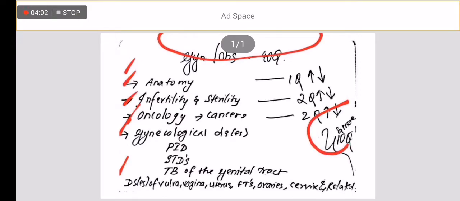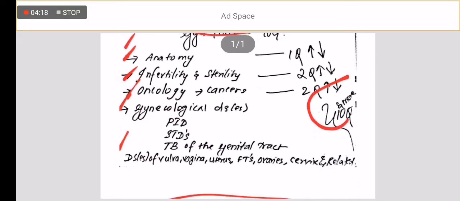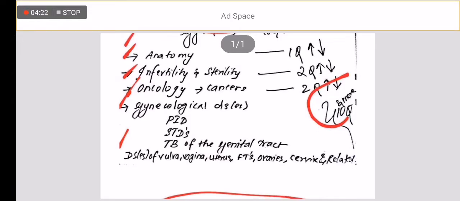For example, in anatomy, you may get 1 or 2 questions, and infertility and sterility 2 questions or more. Gynecology diseases and cancers, and diseases of vulva, vagina, uterus, fallopian tubes, ovaries, cervix and related type questions. You can get 10 questions or more.